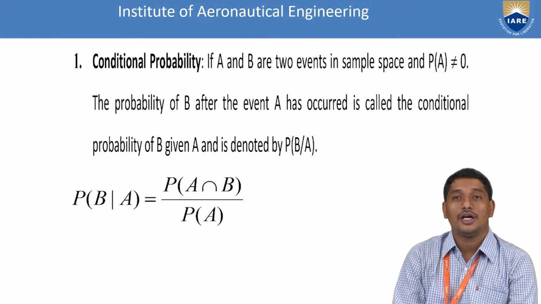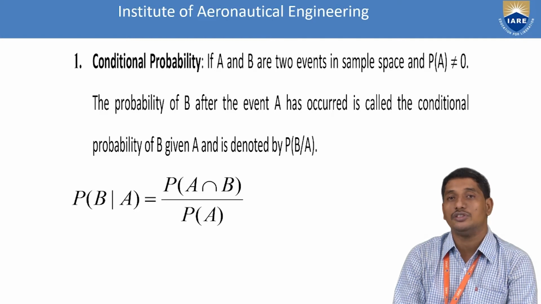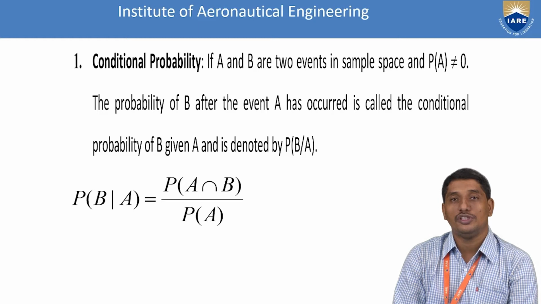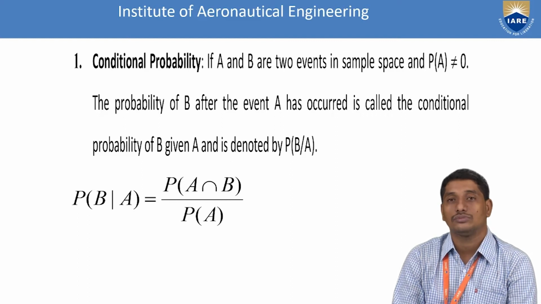The probability of A union B will be probability of A plus probability of B, provided A and B are mutually exclusive. In general, probability of A union B union C is equal to probability of A plus probability of B plus probability of C, provided that A, B and C are mutually exclusive.